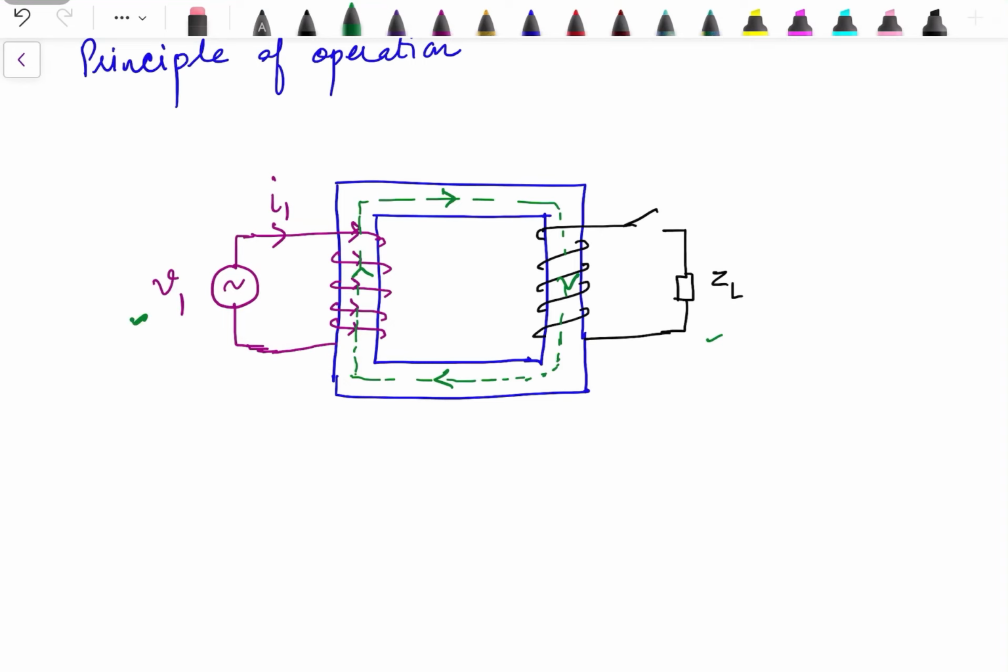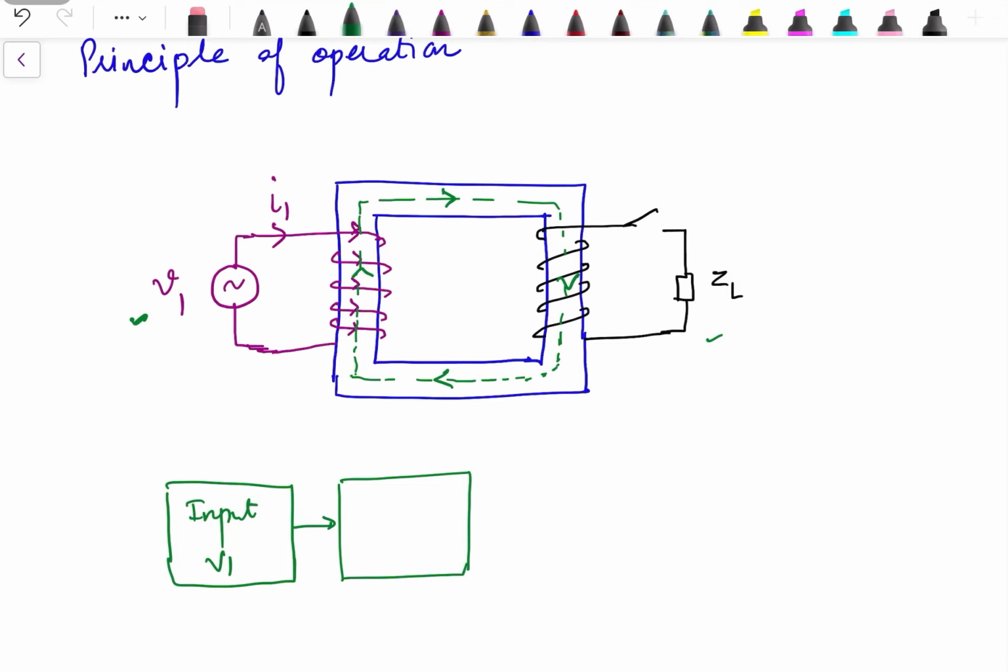So what happens? We have given the supply, we have input V1. Since the circuit is closed, it leads to flow of current I1 in the circuit.